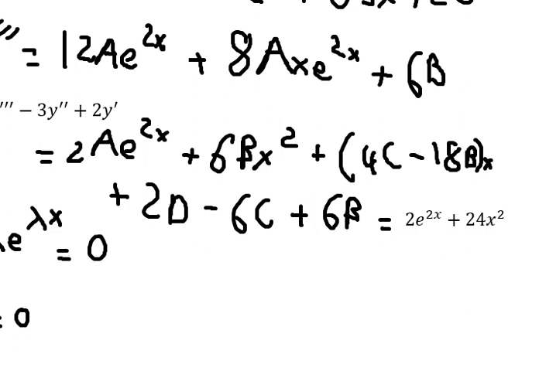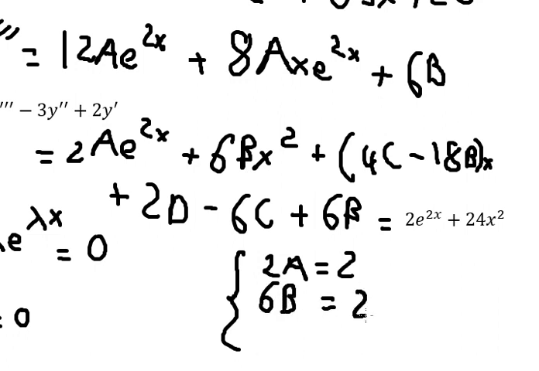So we can see that 2a equals to number 2, 24 equals to 6b. This one we don't have s, so 4c minus 18b equals to number 0.